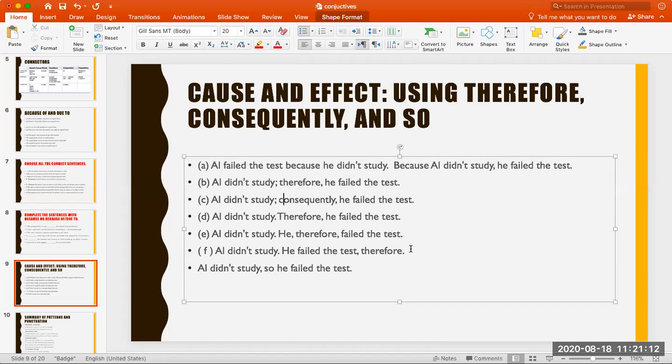Now look at this beautiful thing I mentioned before. When you use therefore, for example, for instance, consequently, all these transition words, they have 3 positions in the sentence.